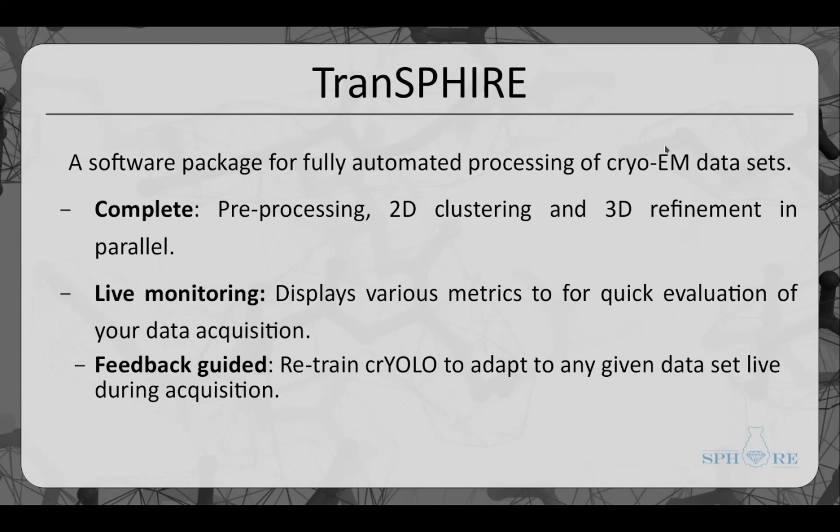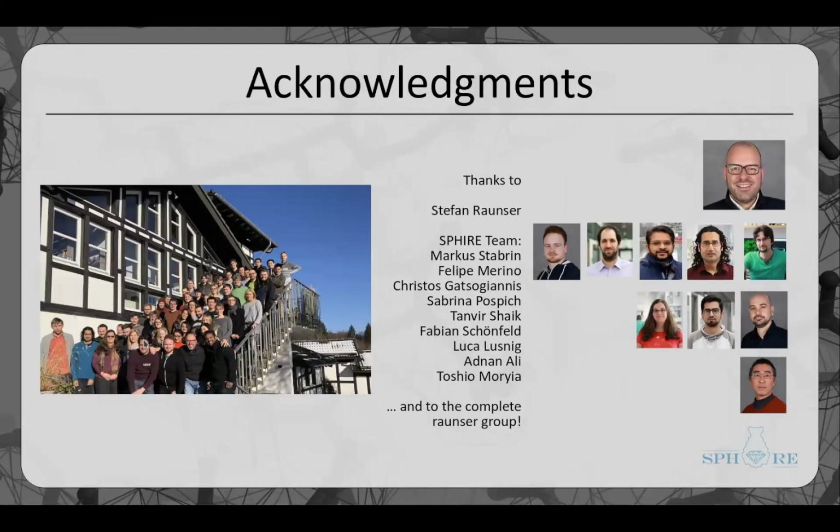You have basically a live monitor of your data acquisition, and it's able to use feedback provided by our feedback loop to get 3D reconstructions and 2D classes for data sets that are maybe not picked very well by the general model. And with that, I would like to thank you for your attention.